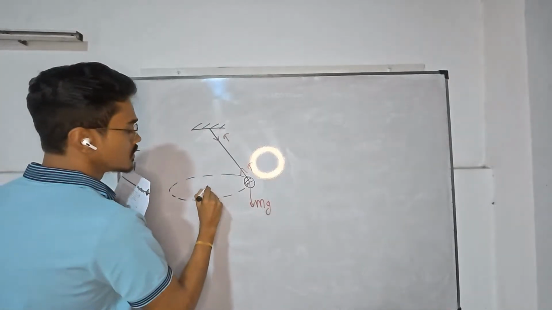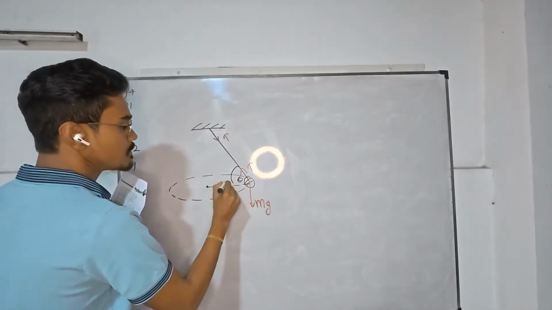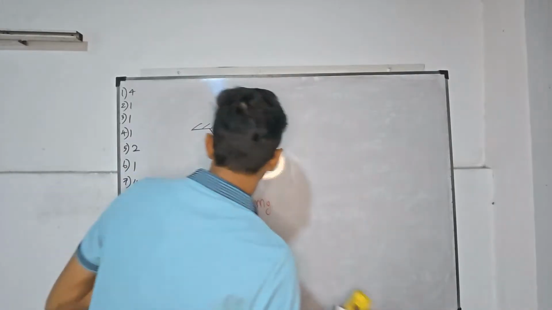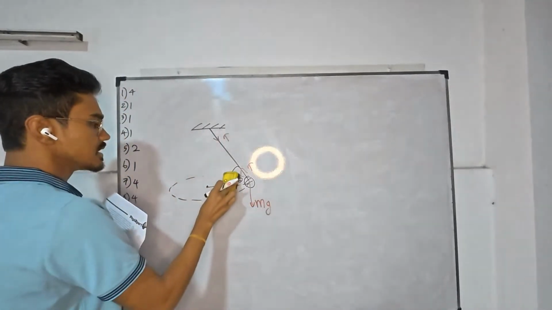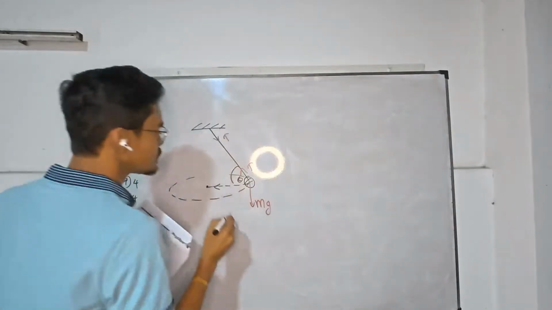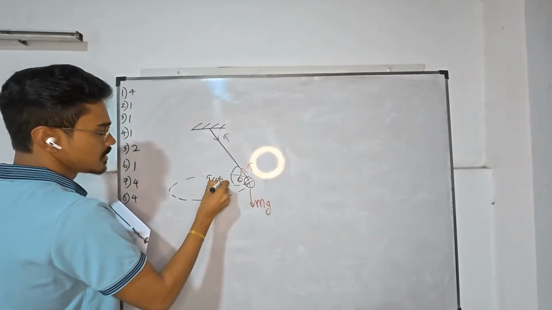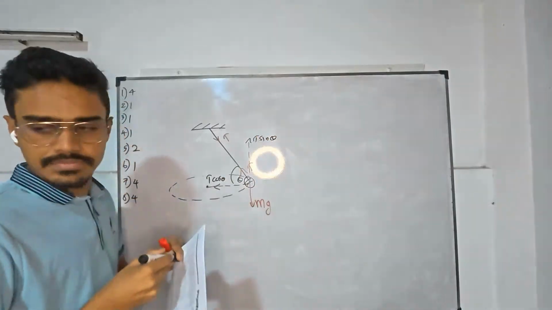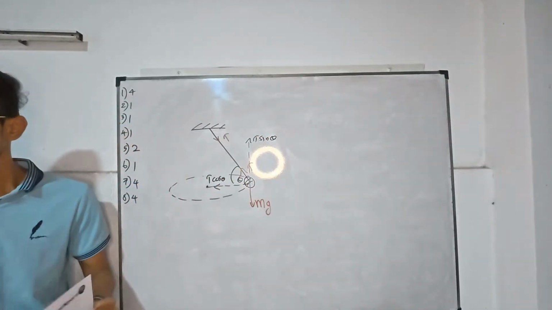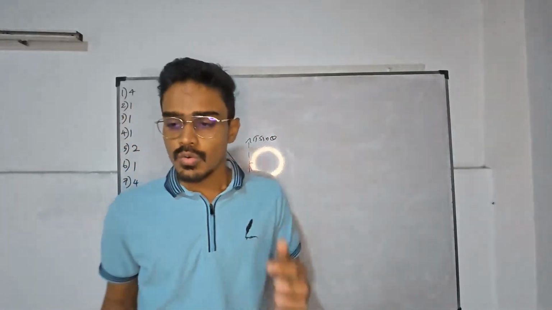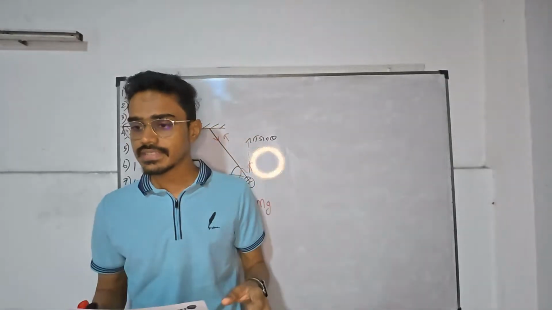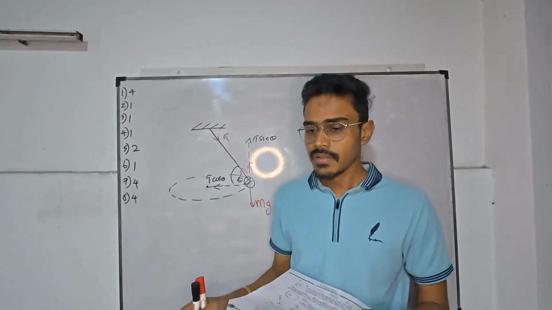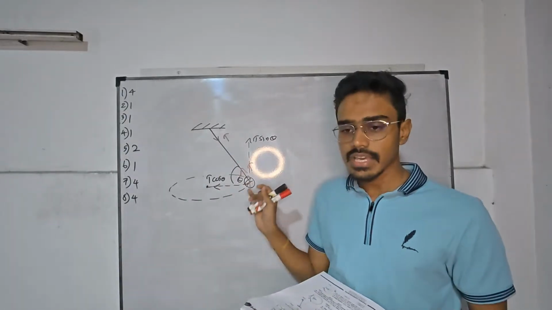One component of T, let's say T cos theta, acts as centripetal force, and the other component counterbalances mg. So a person from outside can see only tension and mg.